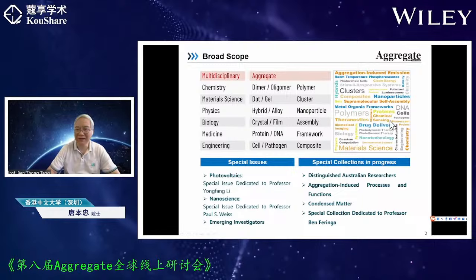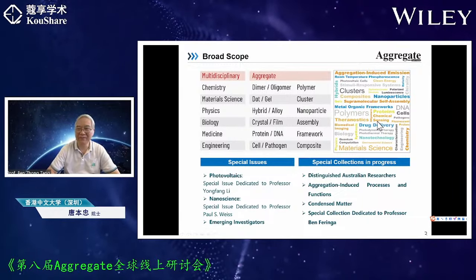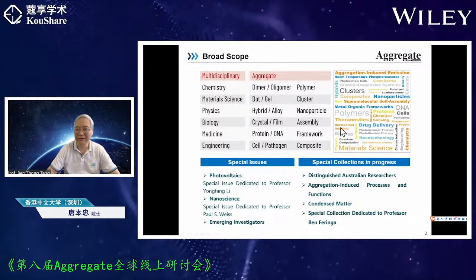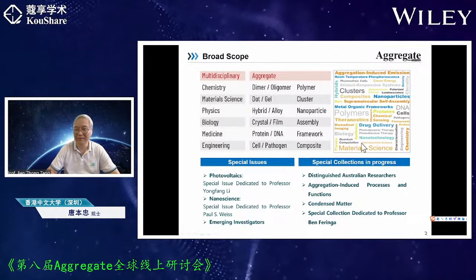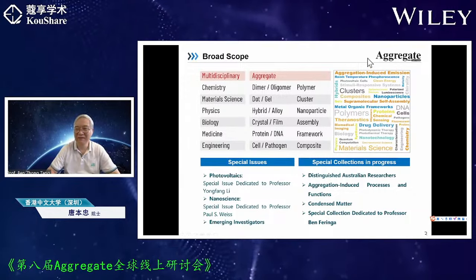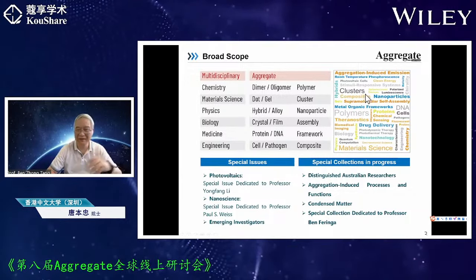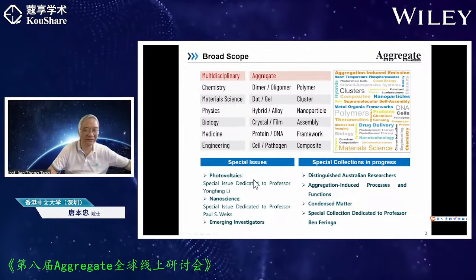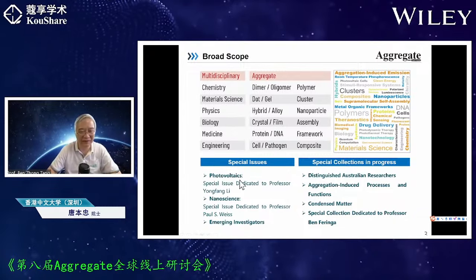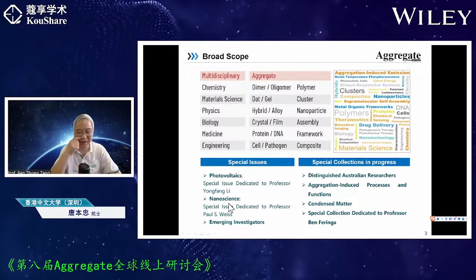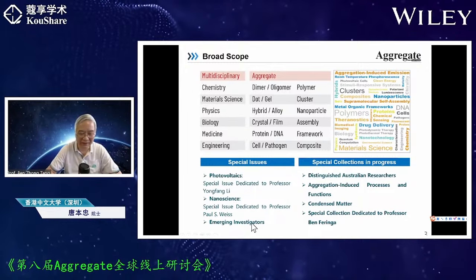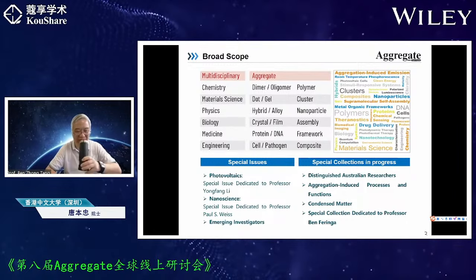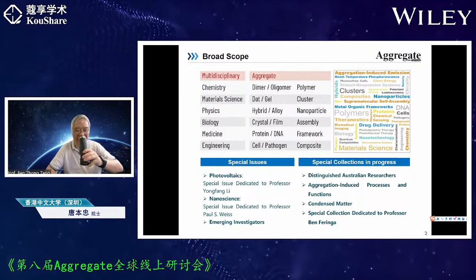Aggregate has published many papers. From the size of the letters, you will see that many people are talking about polymers, material science, and clusters, many different topics. We have also published some special issues: one on photovoltaics, another on nanoscience, and a special issue focused on emerging investigators.